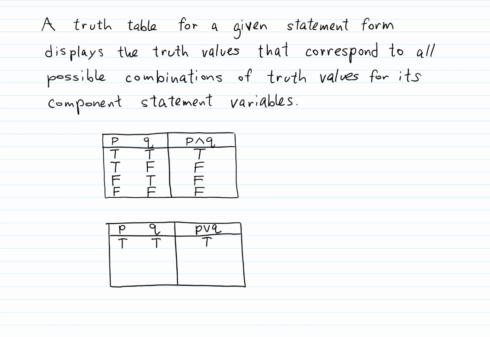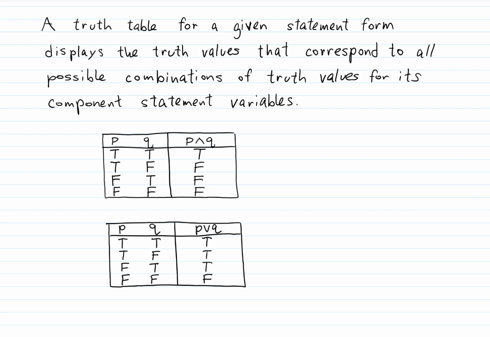If one of them is true, then the disjunction is true. The only time the disjunction is false is if both P and Q are false. Okay? And that table is just a fact that you need to memorize. And you do need to memorize it. If you don't memorize it, you won't get any of the stuff that we do after this point.